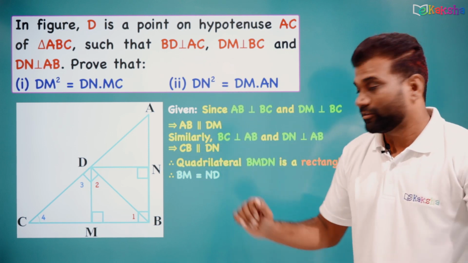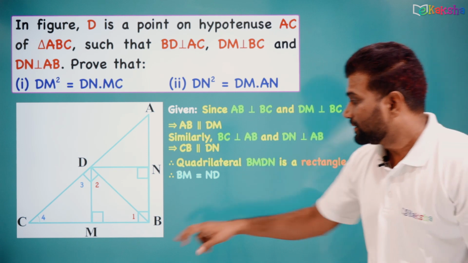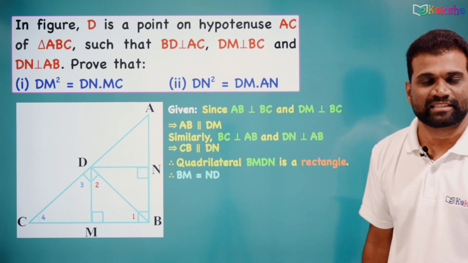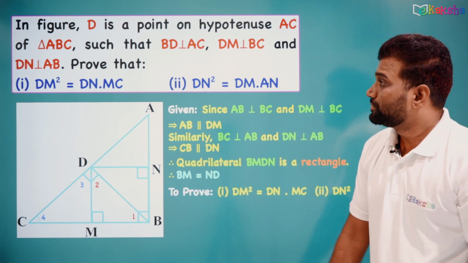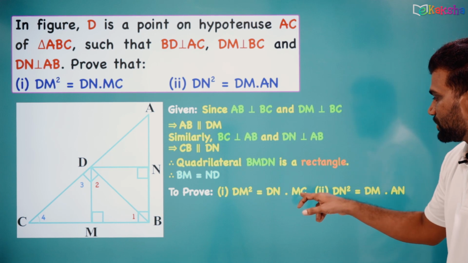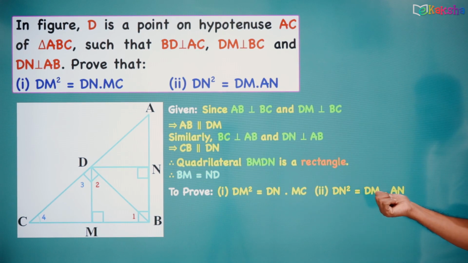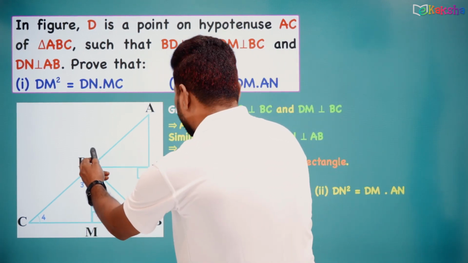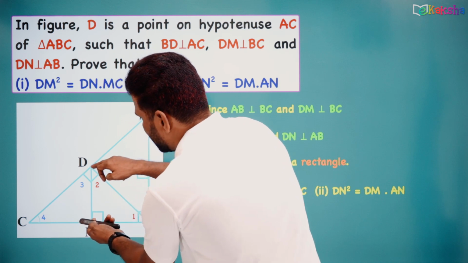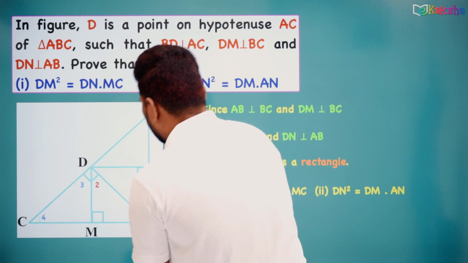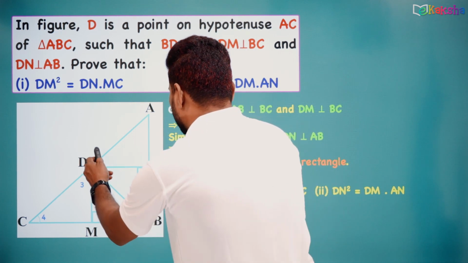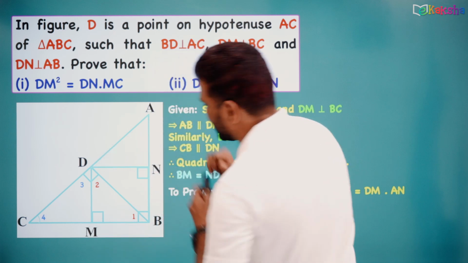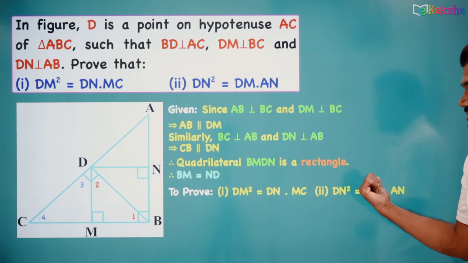So from quadrilateral BMDN, MB equals DN. Now, to prove: DM square equals DN into MC, this square equals this into this; and the second part, DN square equals DM into AN, this square equals again this into this.